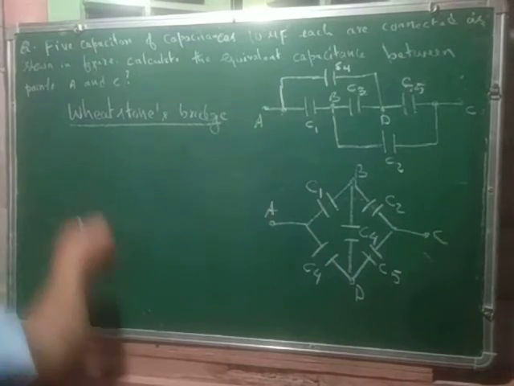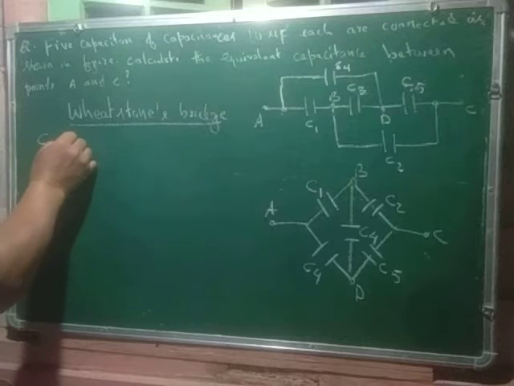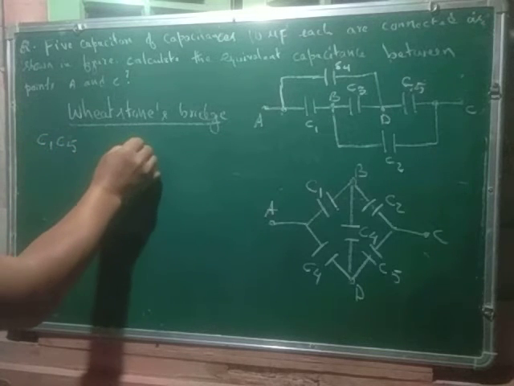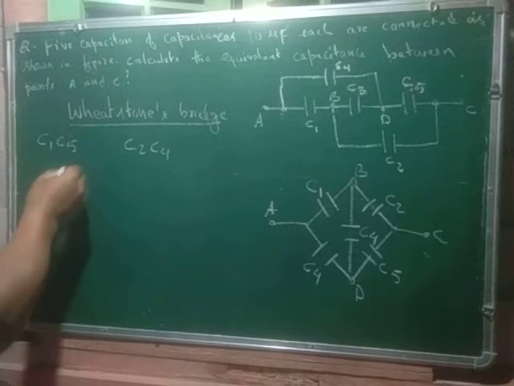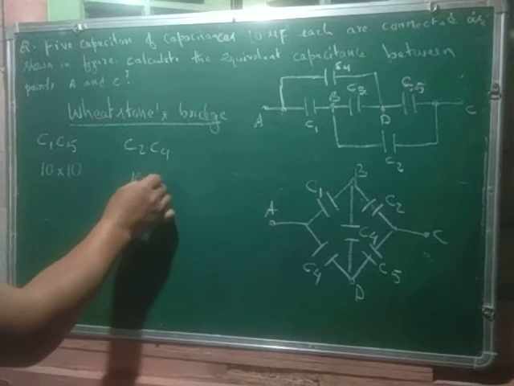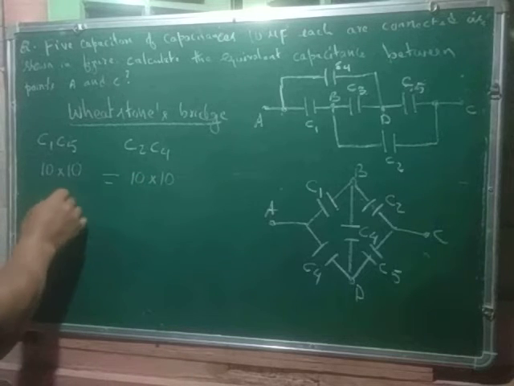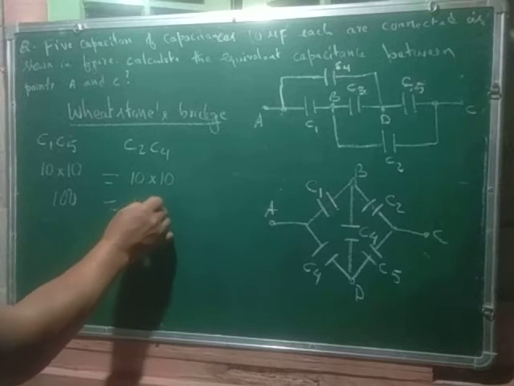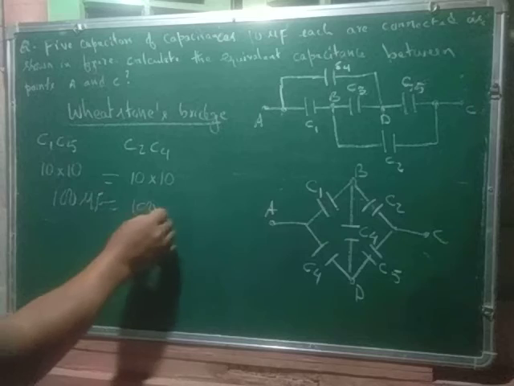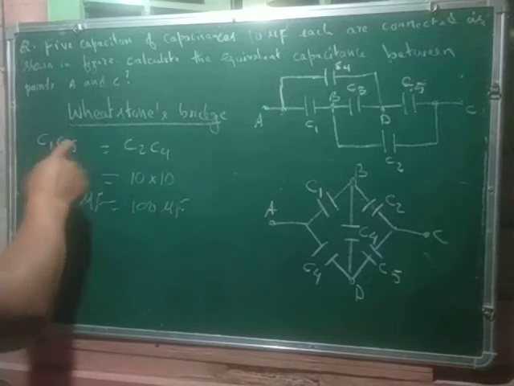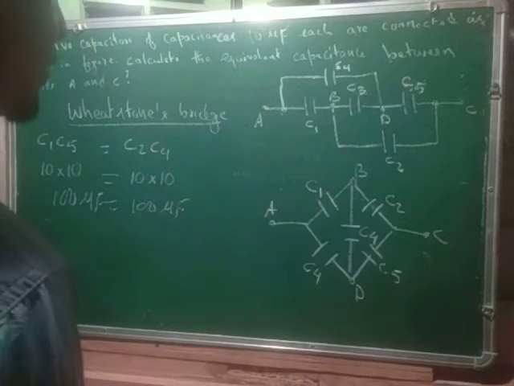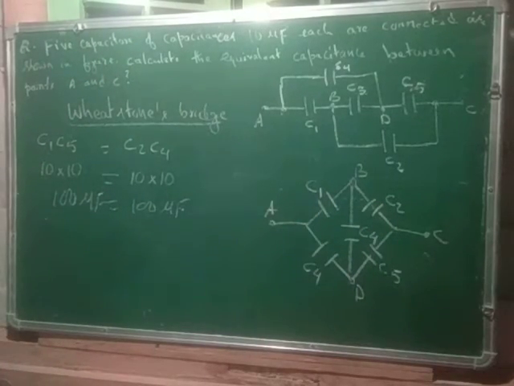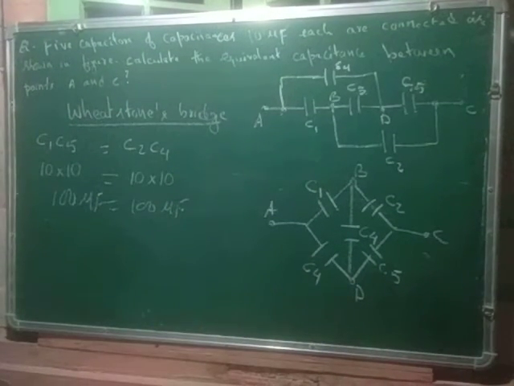In this case, C1 is 10 microfarad, C5 is 10, C2 is 10, C4 is 10. So 10 times 10 is 100, and this also is 100. So we found that the products of the opposite arms are equal, so we say that this Wheatstone bridge is balanced.